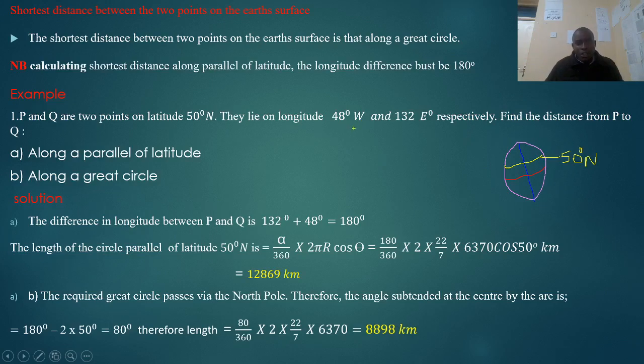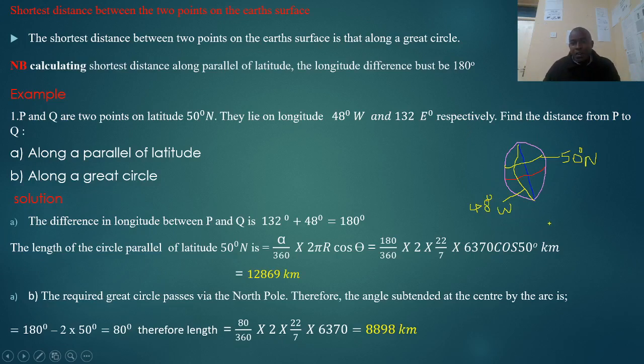Now we are told the longitudes are 48 degrees west. So we have 48 degrees towards the west, this is the west. Let me call it 48 degrees west.